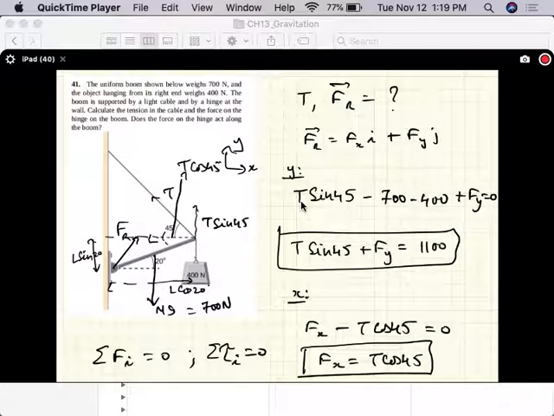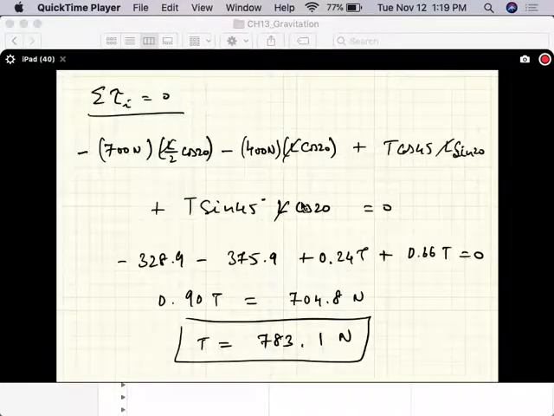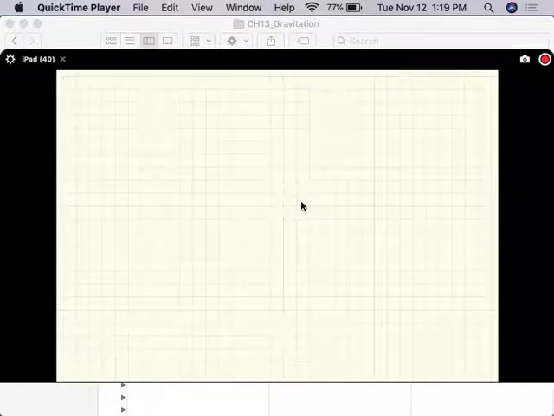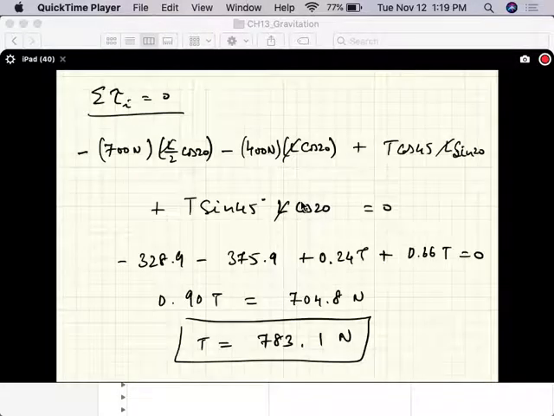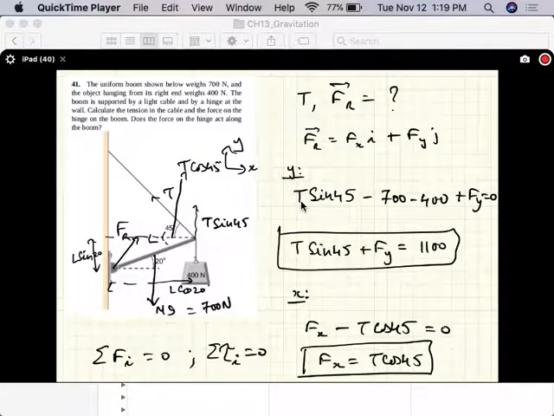Now let's calculate the reaction forces from these guys. So Fx is, what is Fx? T cosine 45.